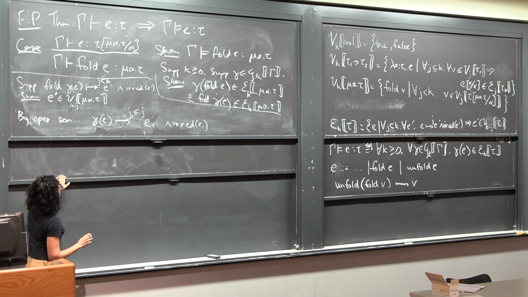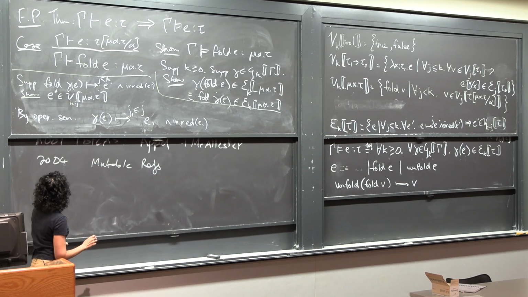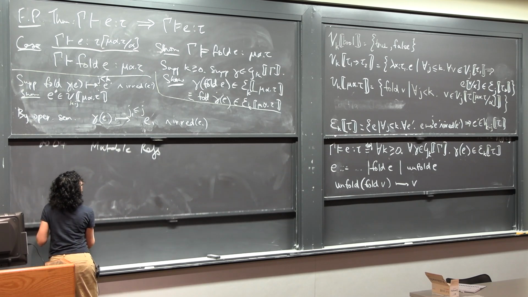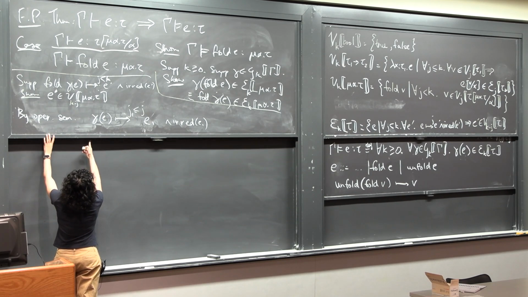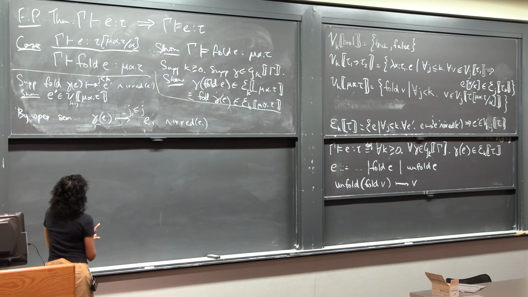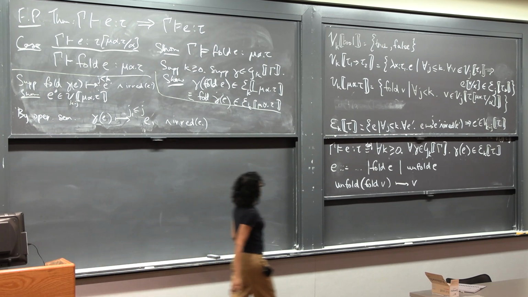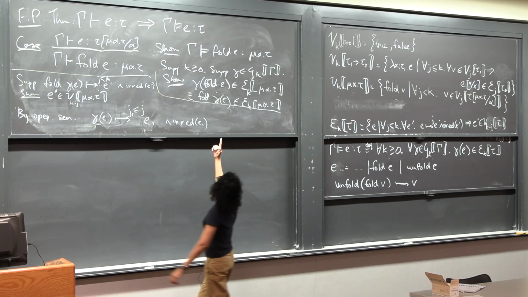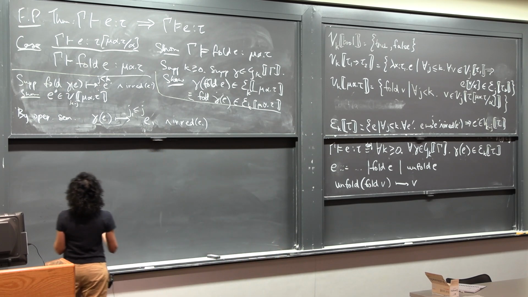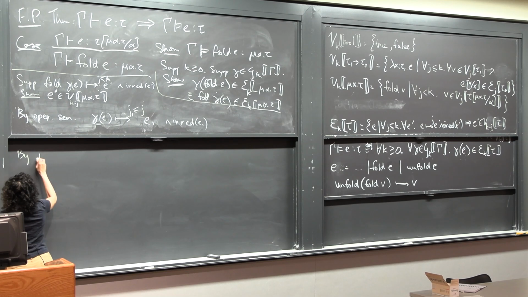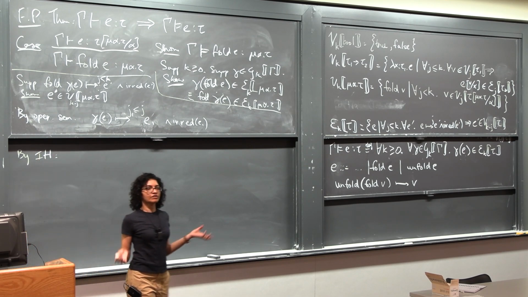So if we know that much, what happens next? Let's go figure out what our induction hypothesis is. There's our typing rule. So by the induction hypothesis, what do we know? What's in the premise?